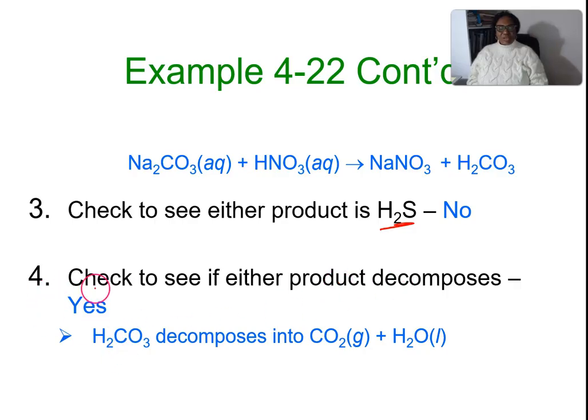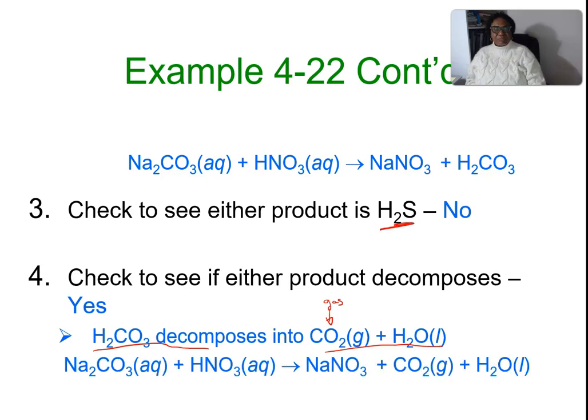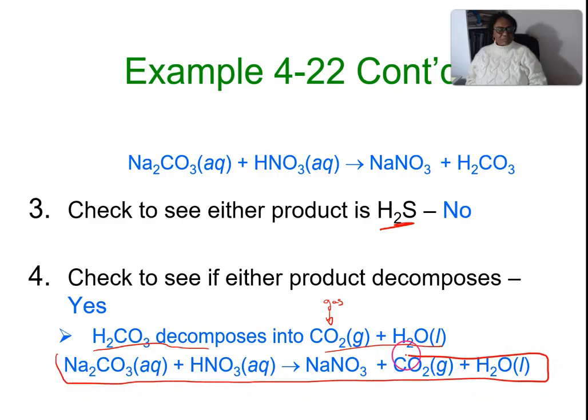When you check, you will see that this will decompose to form this and this. So a gas will be produced. So the correct equation is this. You cannot leave it like this. This is not correct.